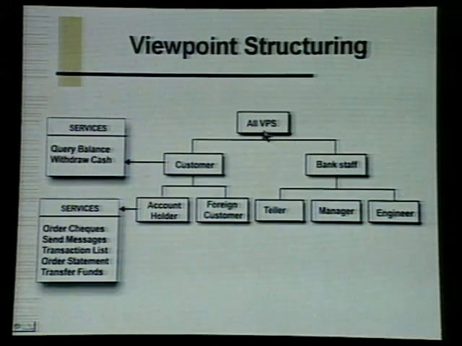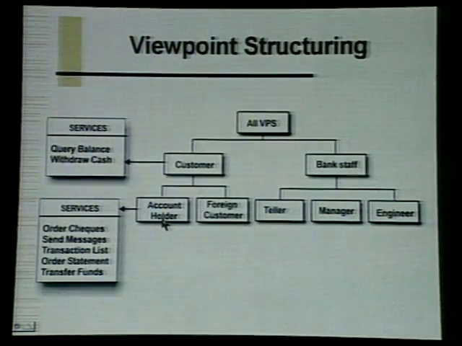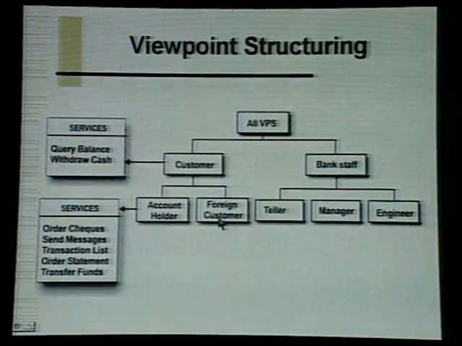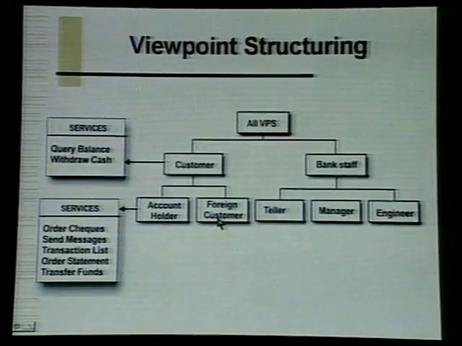As can be seen from here, that's all the viewpoints. Then the viewpoints are divided into two major categories: the customers and the bank staff. The customers can be account holders, the customer of that bank, or the customers can be the foreign customer. That means those people who do not have an account in that bank but can use the facilities of the ATM machine.